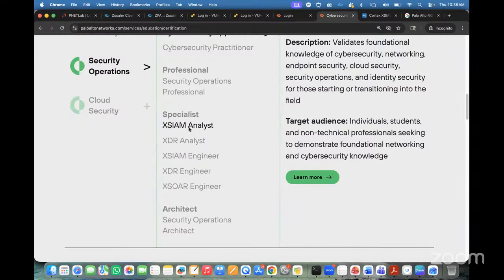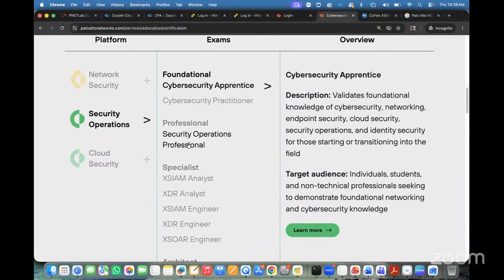The recommendation is to go for the XSIAM Engineer after completing the XSIAM Analyst. XSIAM is the extended security intelligence and automation management. XDR is the extended detection and response for the endpoint. You can go for all these courses, and if you want automation and playbooks, then you go for XSOAR as well. So this is the operations track.